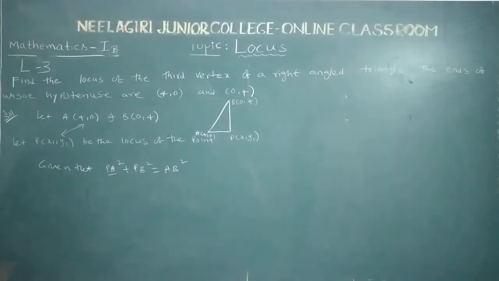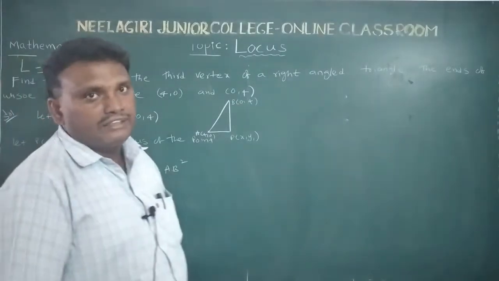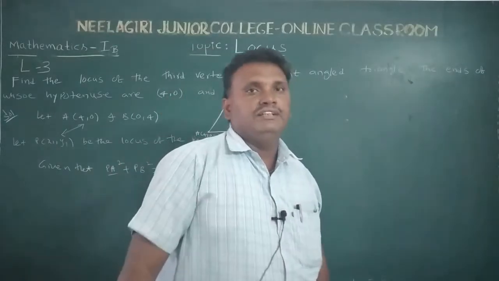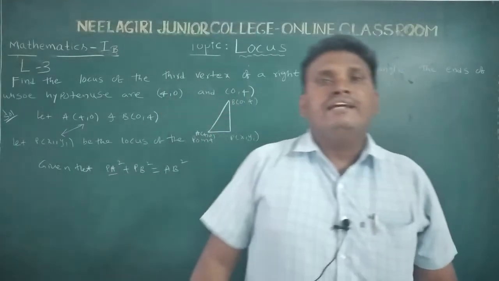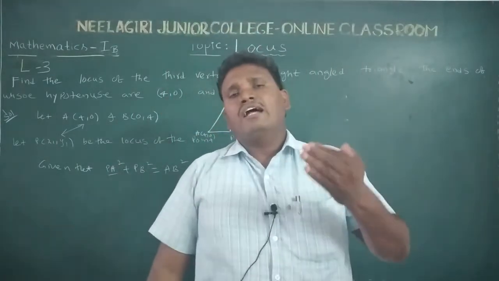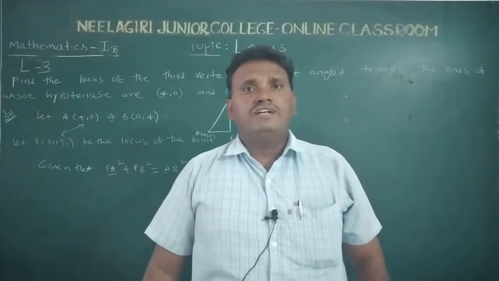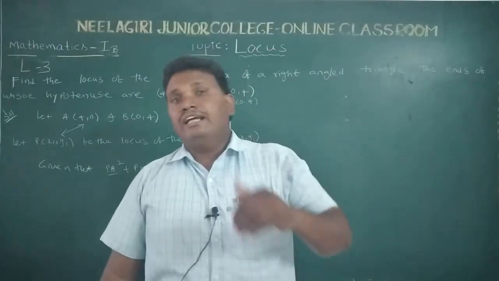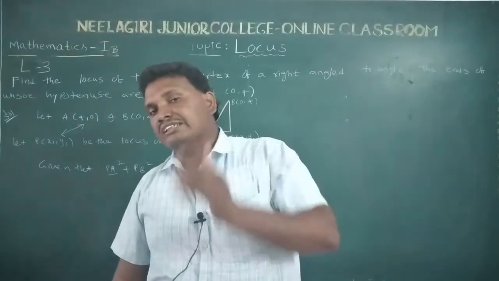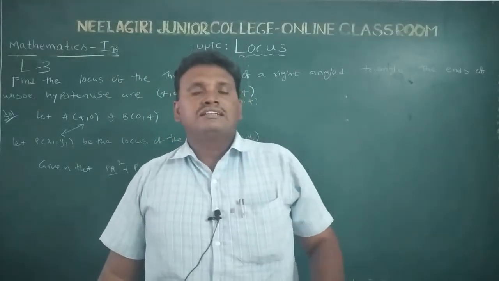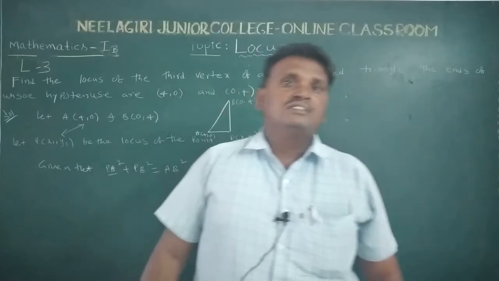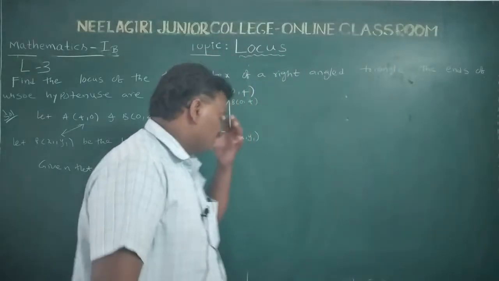Nothing but the distance between P and A. What is the distance between 2 points A(x1, y1), B(x2, y2)? AB is equal to under root of (x2 minus x1) whole square plus (y2 minus y1) whole square. AB square is equal to (x2 minus x1) whole square plus (y2 minus y1) whole square.